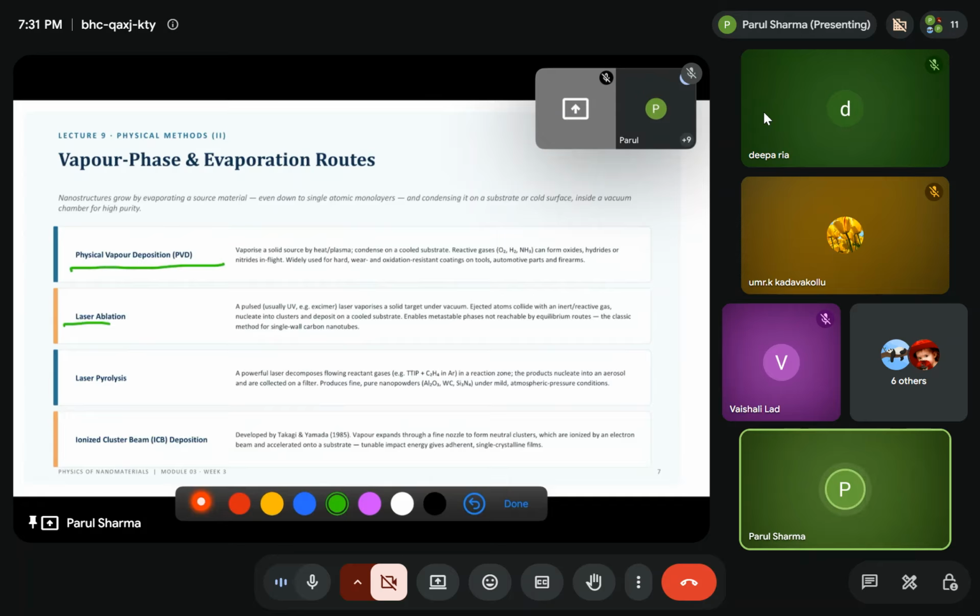The next was ablation in the physical technique process also. So what is laser ablation? This is a top down physical process for producing nanomaterials. What are we doing in this?